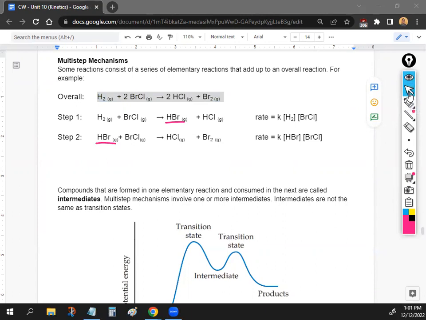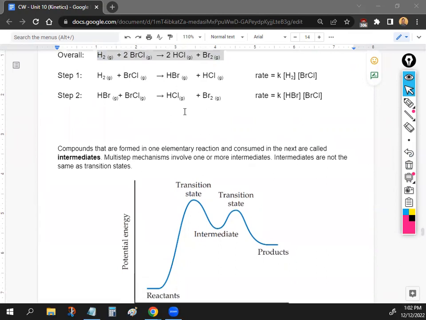So compounds that are formed in one elementary step and then used in the next one are called intermediates. They get used and abused and then they disappear and nobody remembers them. So HBr is an intermediate because it gets formed in the reaction, but then it gets used by the other compound to make the other products. That's an intermediate.